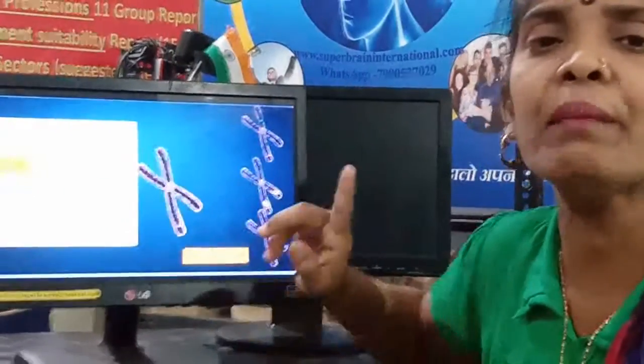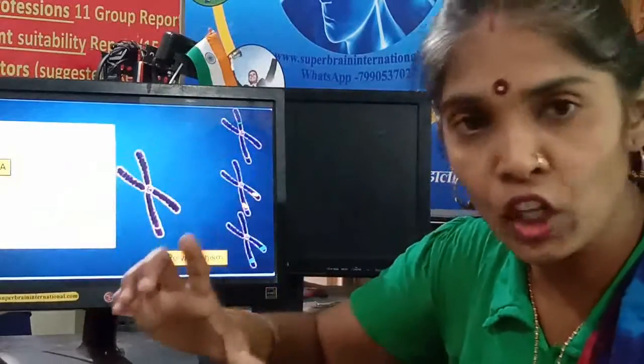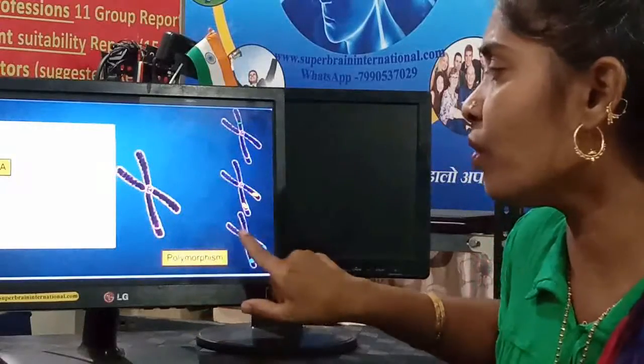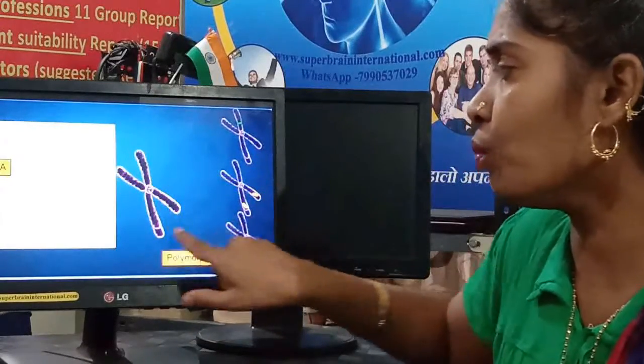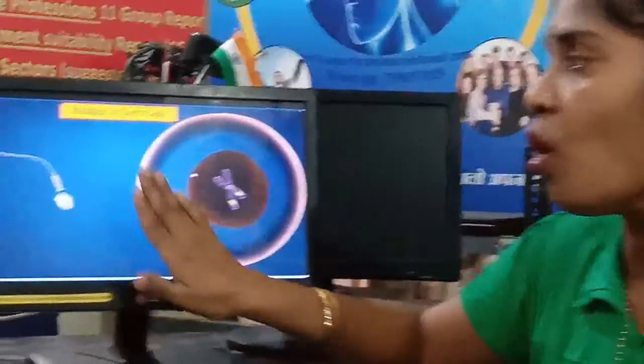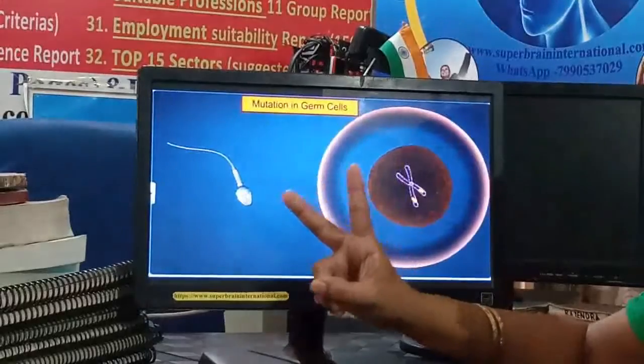Now, what is meant by polymorphism? The chromosomes will have a majority of the portion the same, but a very small portion where a change is there. So this polymorphism you can see occurring in the chromosomes. And whenever this polymorphism occurs in the germ cells, we have two types of germ cell.